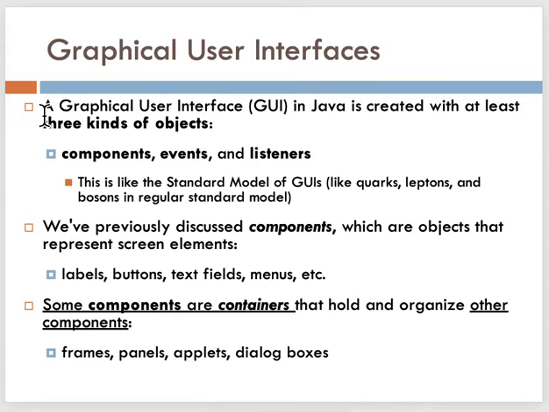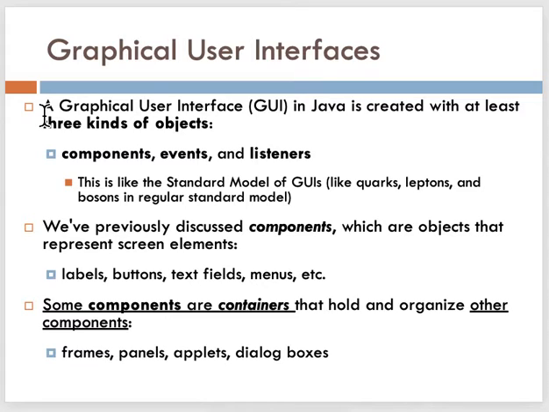And so we've started to discuss this idea of components, which represent screen elements, things that are actually visible on the screen in a GUI application that you might have. And so these objects would represent screen elements like buttons, text fields, labels, menus, and things like that. We also talked about another kind of component called a container, and that was just a component that organized and held other components.